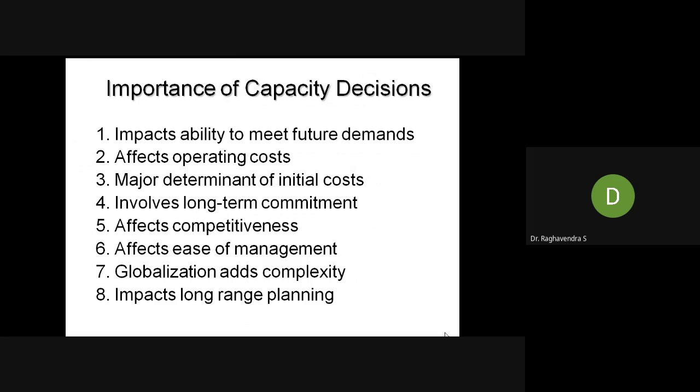The operating costs, initial costs, long-term commitments, competitiveness, ease of management, globalization adds complexity, impacts long-range planning. Because if you take any branded company or branded product, all these key aspects should be known to an organization, person, or employer.